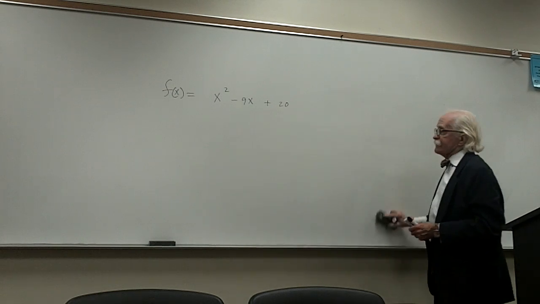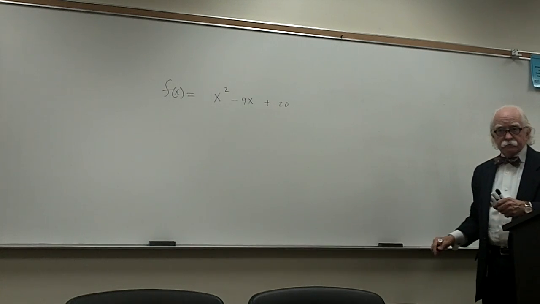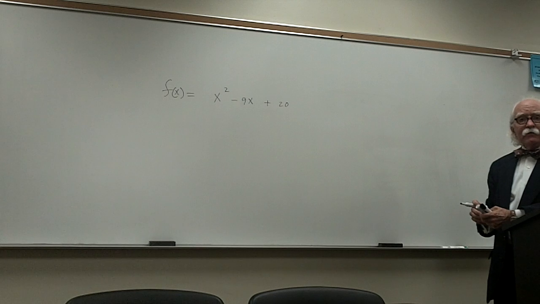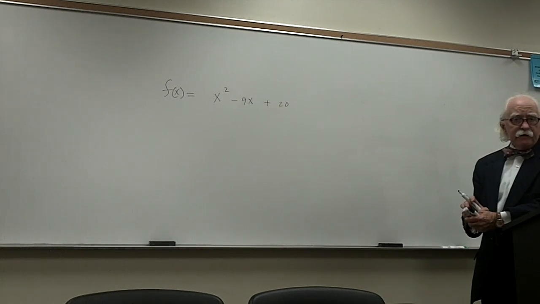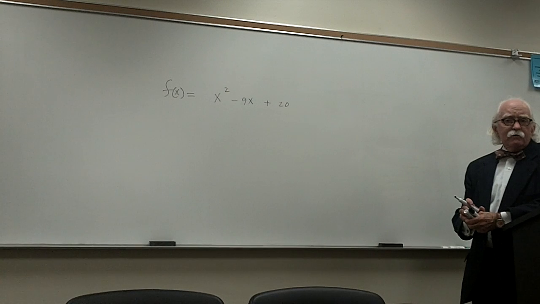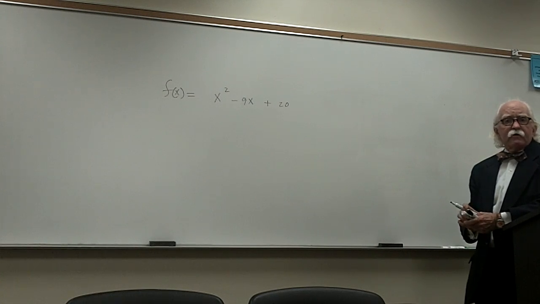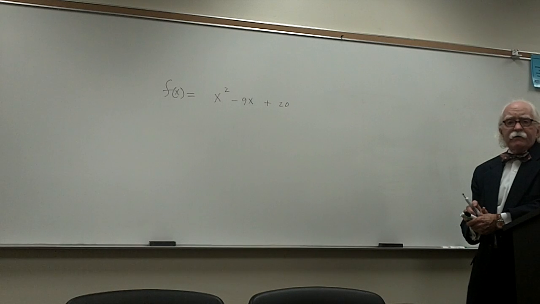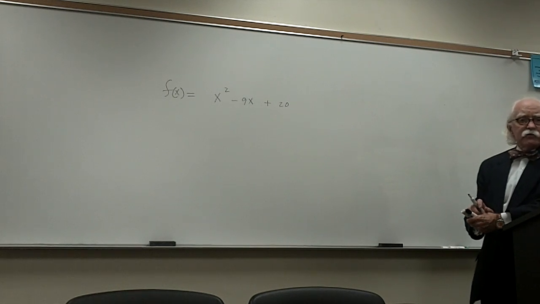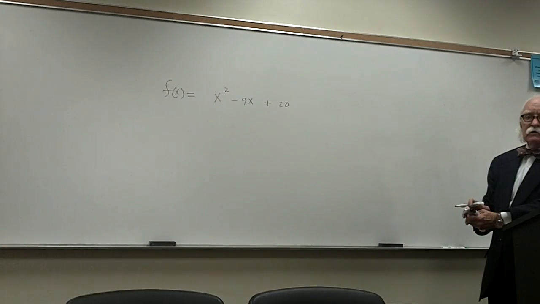If you had a problem like that, let's find the domain and range. Finding the domain in that problem is real easy because it's a polynomial. There's no restrictions anywhere. It's easy to see that you can use every number in the world. But what about the range? The range may be a little bit different. How would you go about finding the range in this problem?